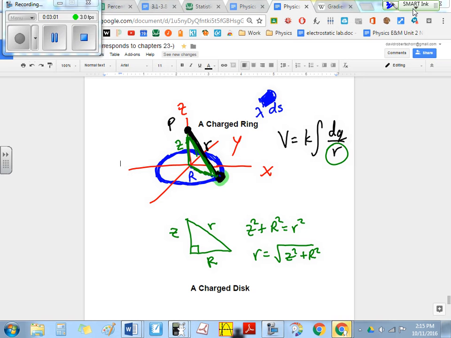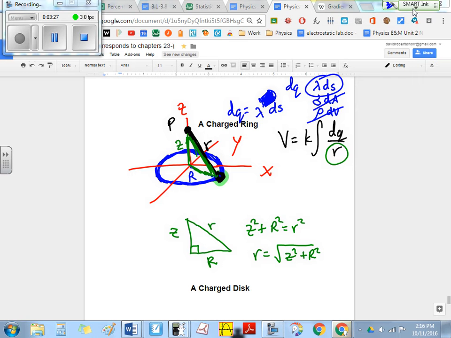So remember we said that dq is always going to be either lambda times displacement, or sigma times area, or rho times slice of volume. We're not doing volume, we're not doing area. The closest thing we have here is distance. So we're doing like a little linear thing. Even though it's wrapped into a circle, it's more of a linear idea than anything. So we're going to use a lambda ds for our dq on top.